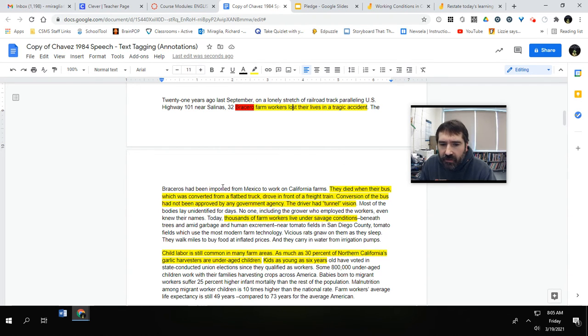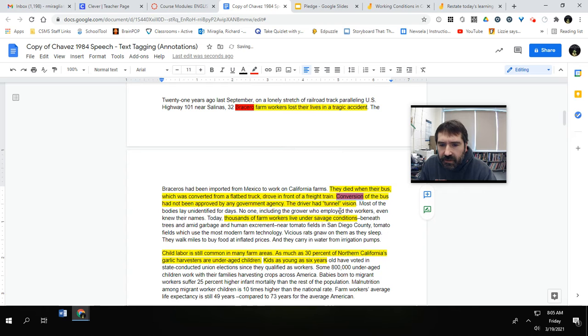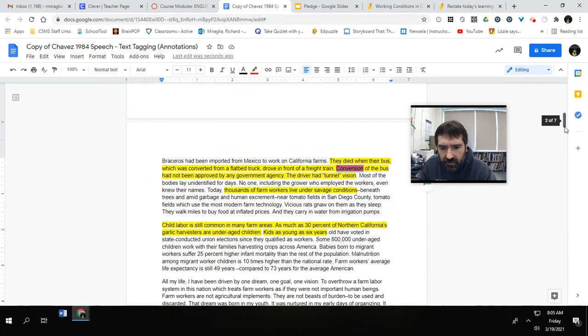You can go through and look for red for vocab throughout the whole speech. That's one way to do it. Just continually keep going red. It's a good approach because you're focused.